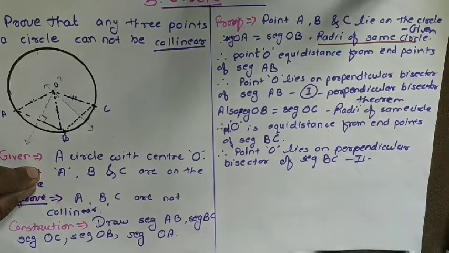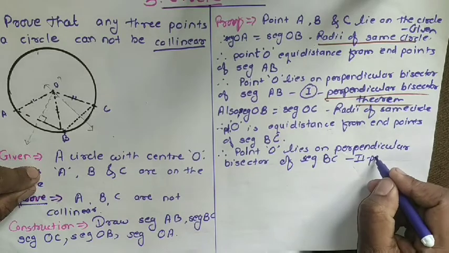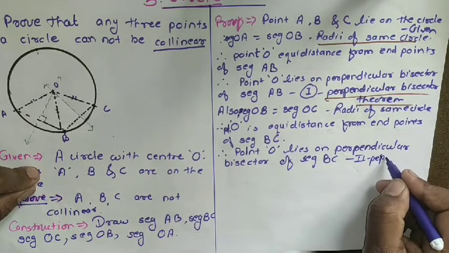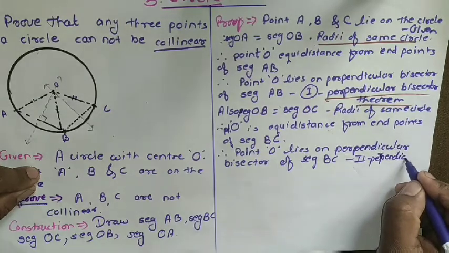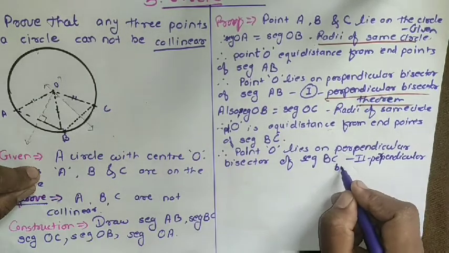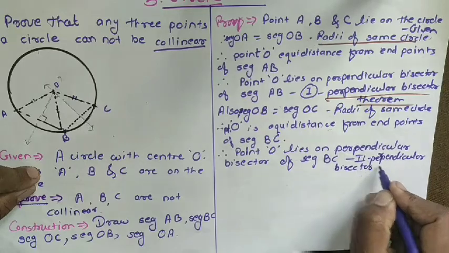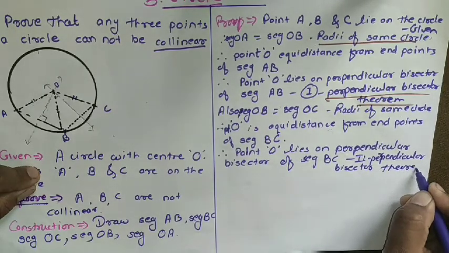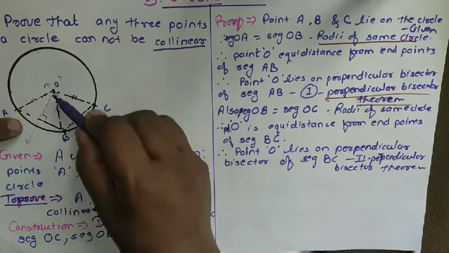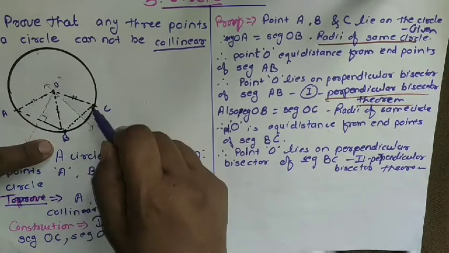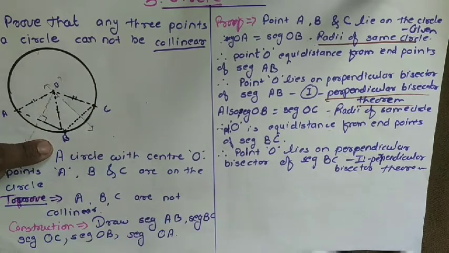And which theorem did I use here? The same, the perpendicular bisector theorem. So I will write here: perpendicular bisector theorem. Okay, now the next point. This point O lies on AB's perpendicular bisector, and it also lies on BC's perpendicular bisector.